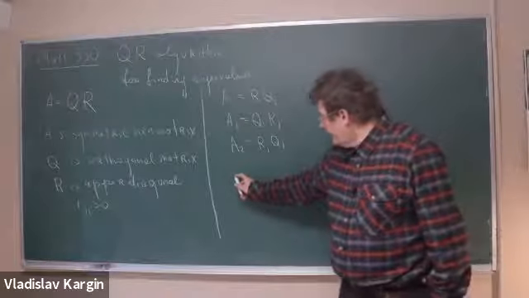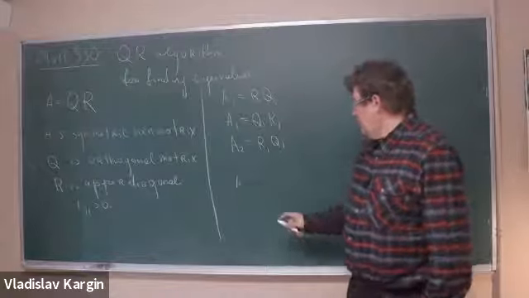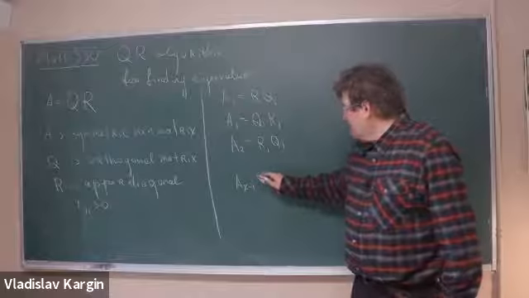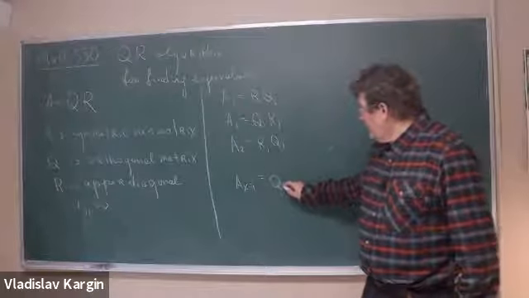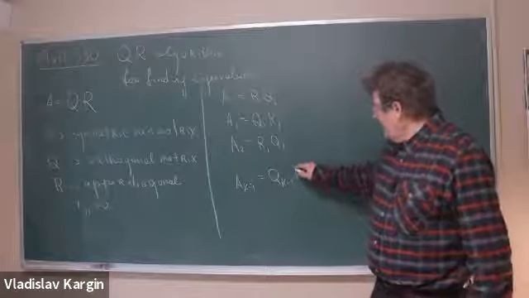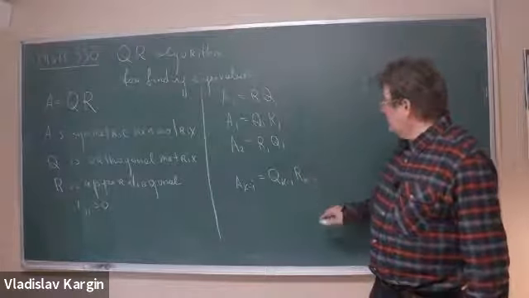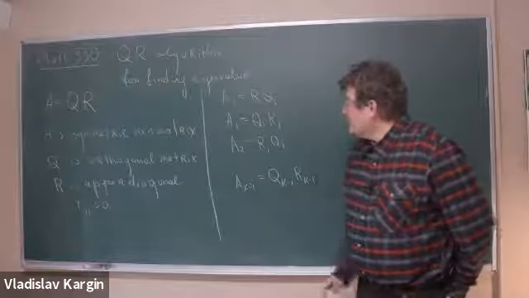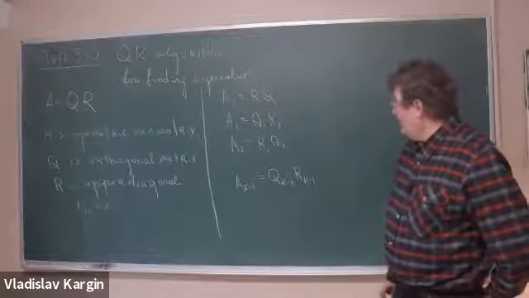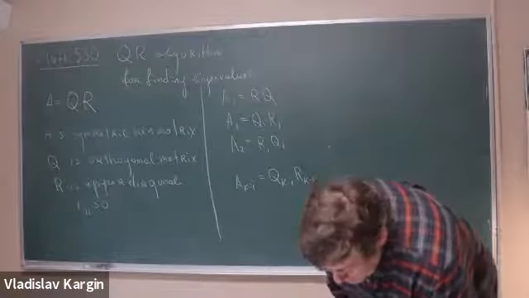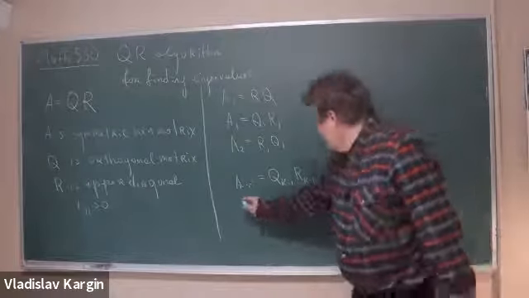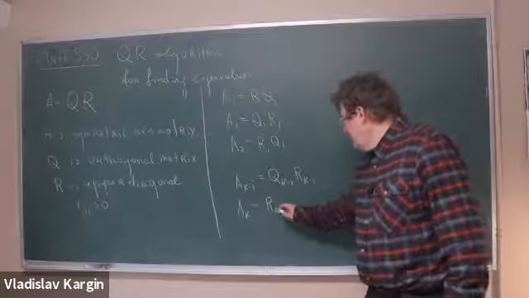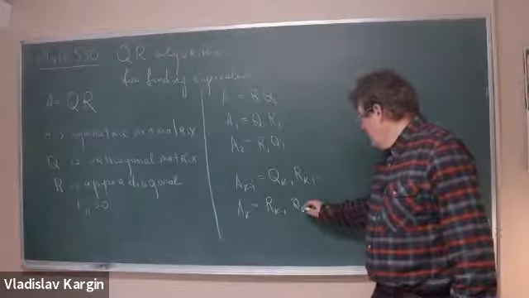So the general one would be A K minus 1 is equal to Q K minus 1 R K minus 1. And A K is equal to R K minus 1 Q K minus 1.